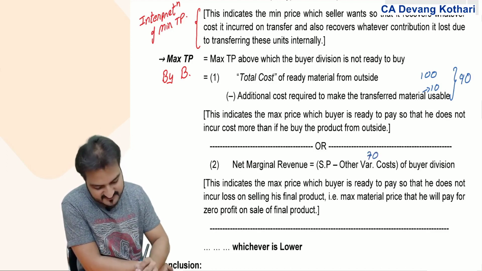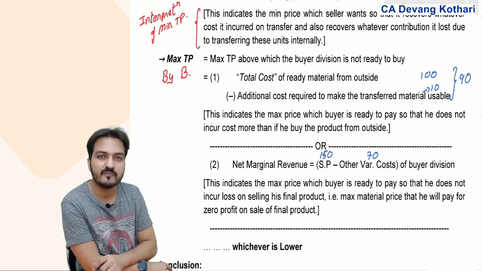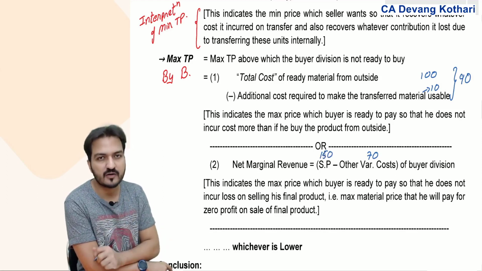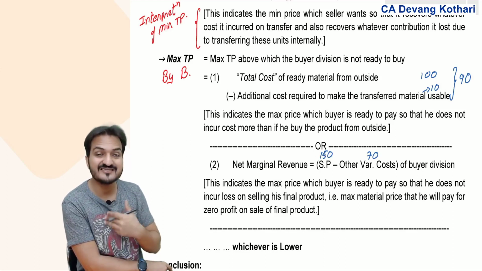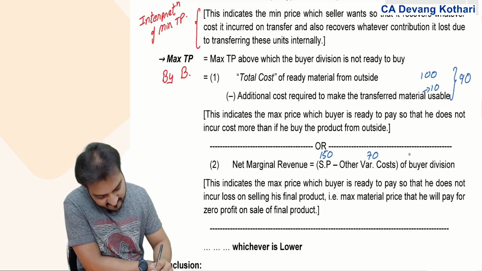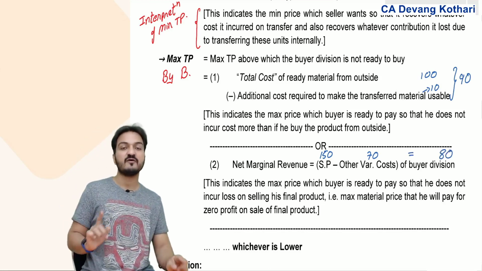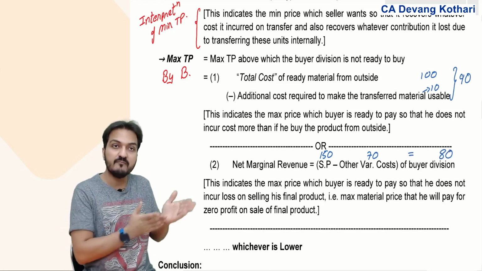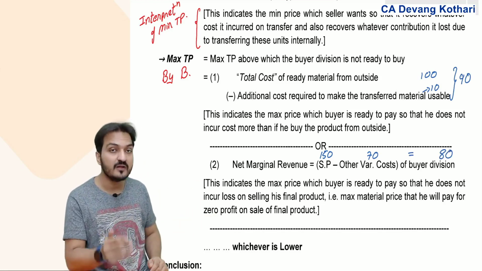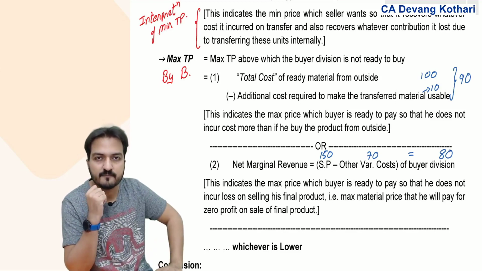And the selling price of the final product is 150. So 150 minus 70, maximum 80 rupees it can pay for material, because if it pays more than 80 rupees for this material, then division B will incur loss.